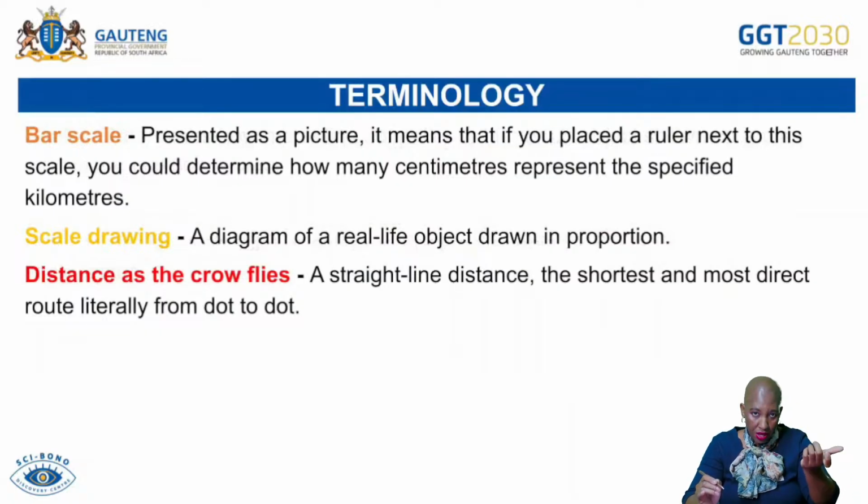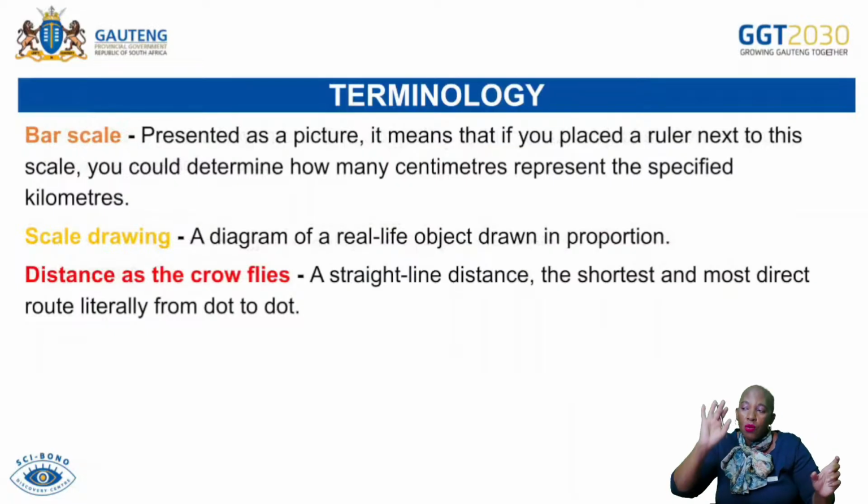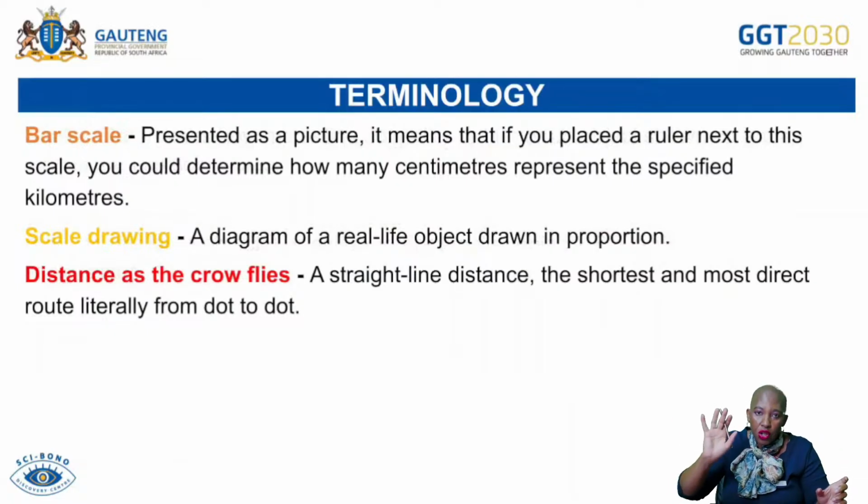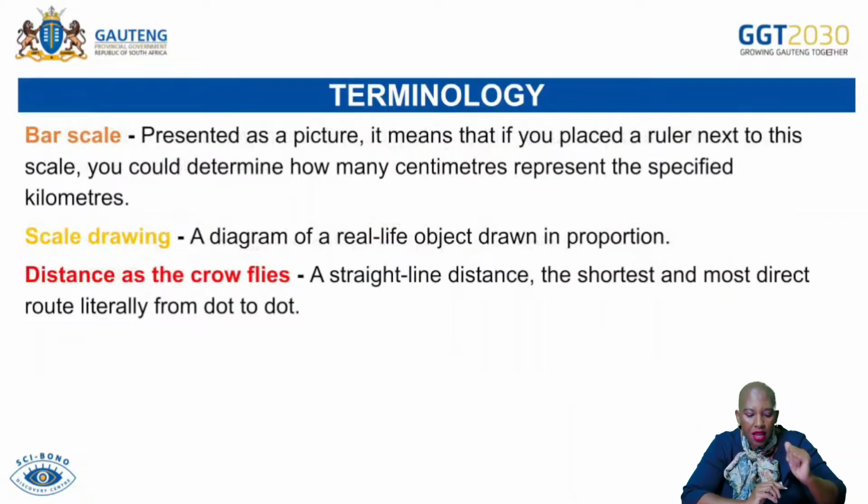You see the picture of a bar scale, and then you take a ruler and measure the size of the bar. After measuring, it tells you how many centimeters, and you know that in real life that measurement represents a certain number of kilometers. That is a bar scale.